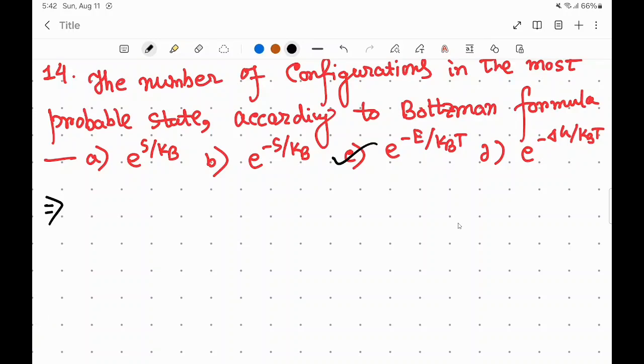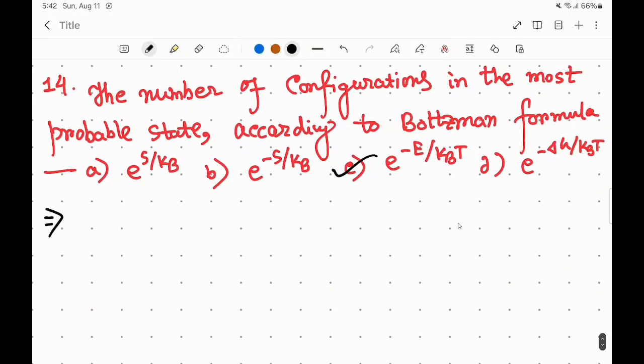Similar to the energy expression in the partition function? Yes, but they ask the number of configuration. Number of configuration means W. You have to calculate the W. This is the weight factor or microstate, whatever you want to say: number of arrangement, number of configuration.